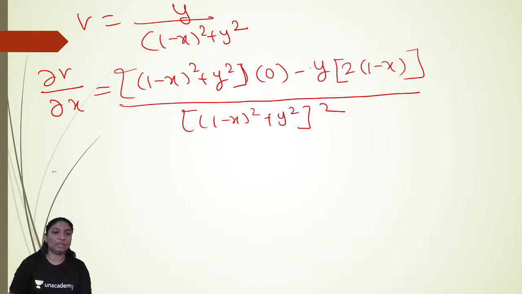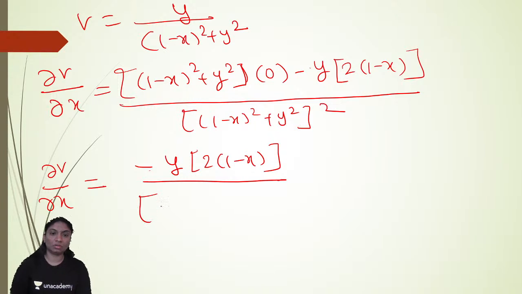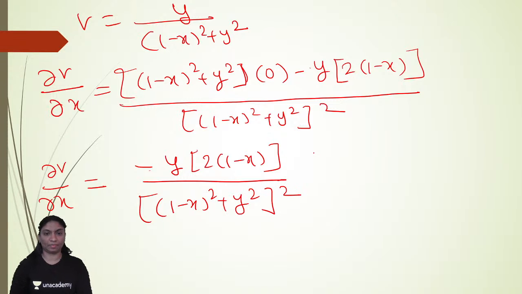So ∂v/∂x is equal to 0 minus y into 2 into (1 minus x) upon (1 minus x) whole square plus y square, whole square.